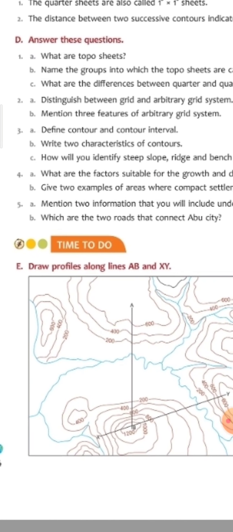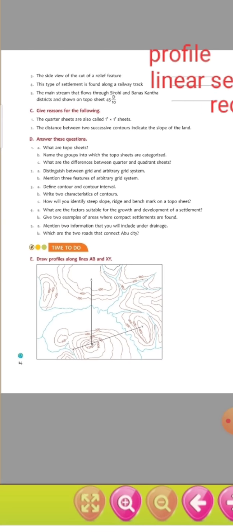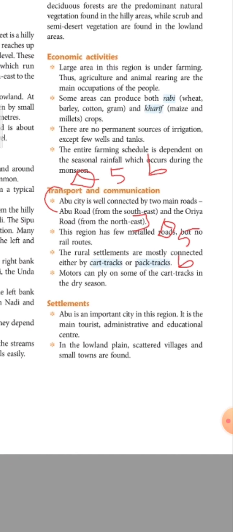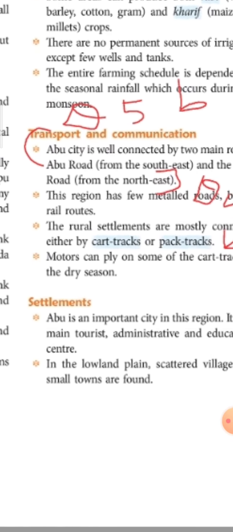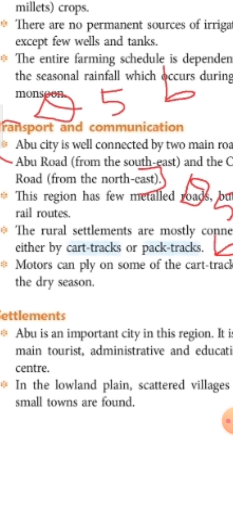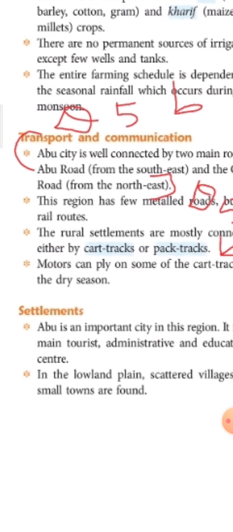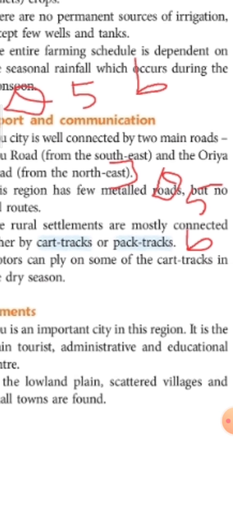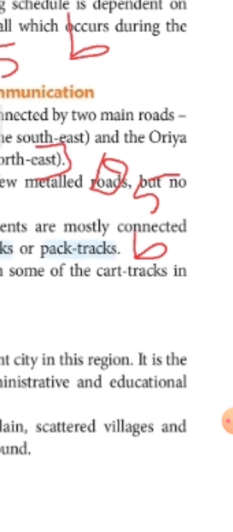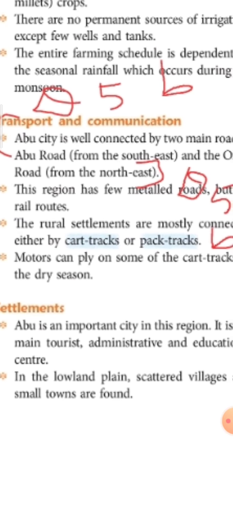Which are the two roads that connect Abu City? Under transport and communication, you see Abu City is well connected by two main roads: Abu Road from the southeast and the Boria Road from the northeast.